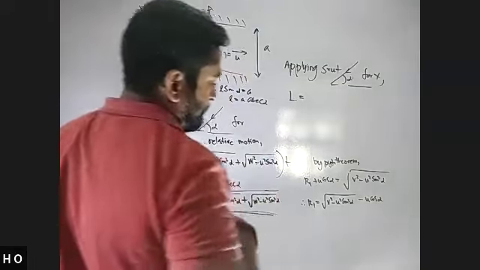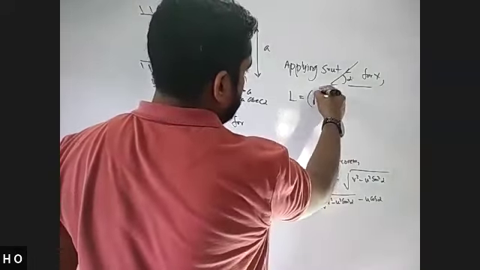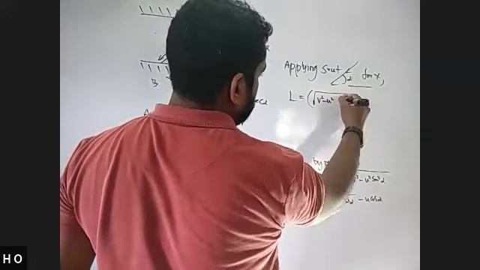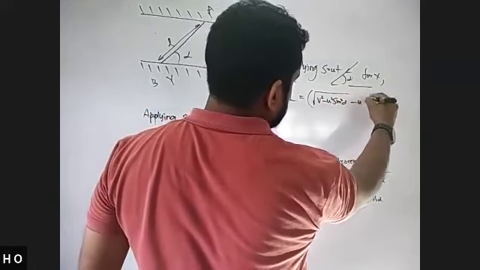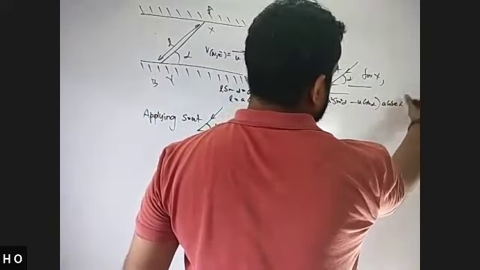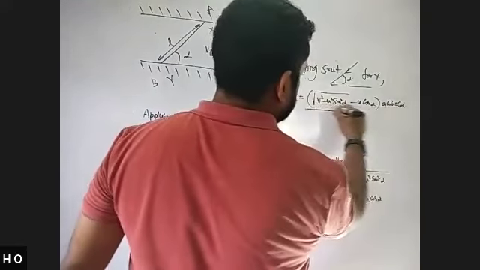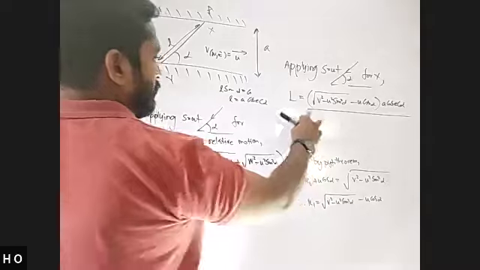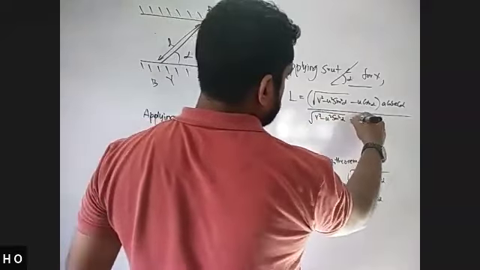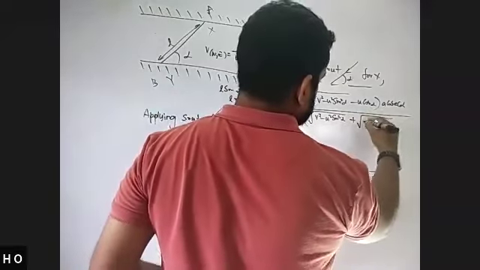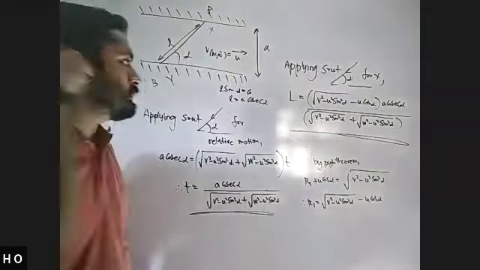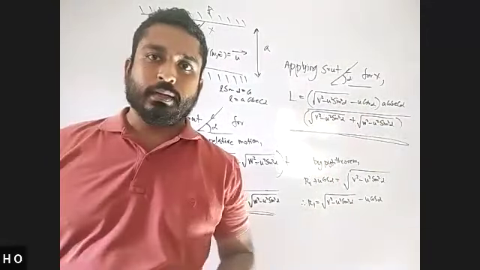R1 is going to be square root of V squared minus U squared sin squared alpha minus U cos alpha into t, where t is A cosec alpha over square root of V squared minus U squared sin squared alpha plus square root of W squared minus U squared sin squared alpha. That is it.